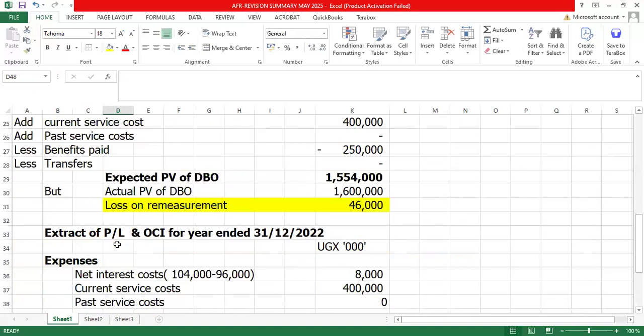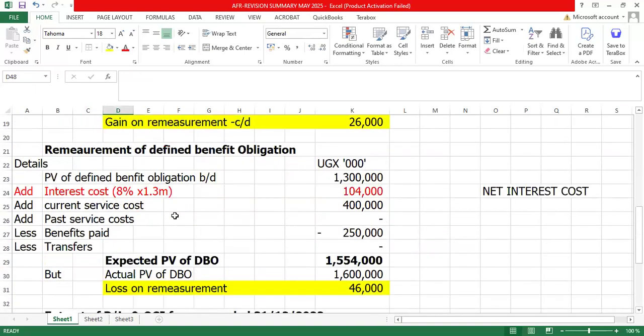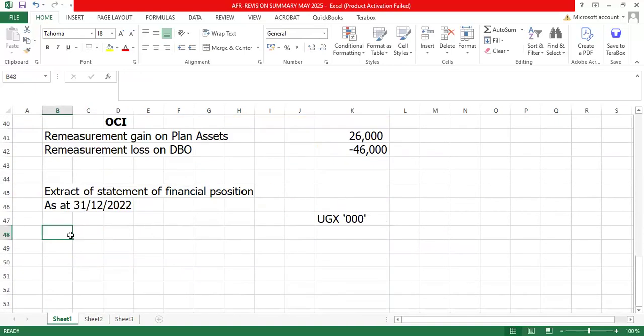What will appear? Here you can put your amounts in UGX 1,000. So what will appear? As I said, what you will bring here, you just bring assets and liabilities.